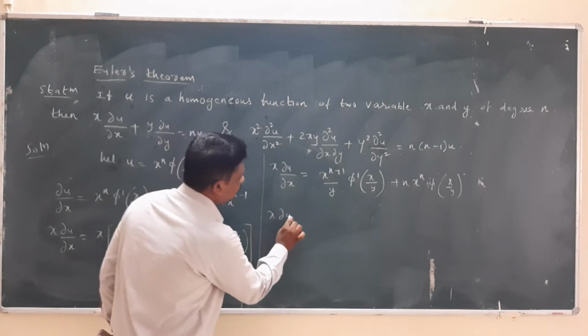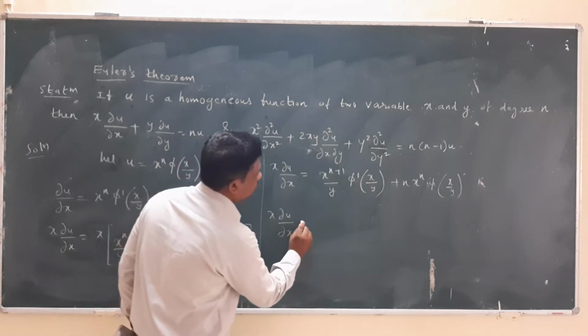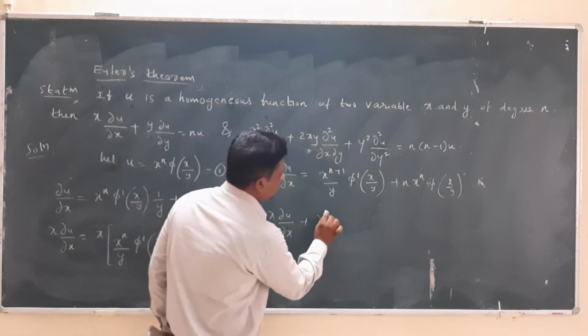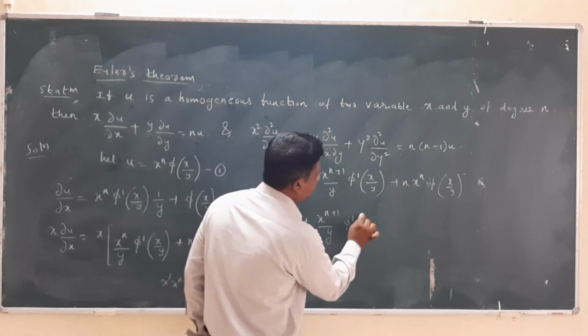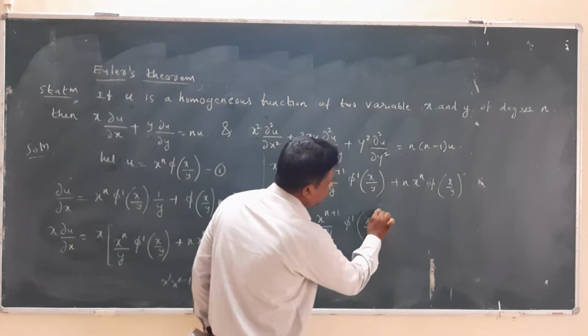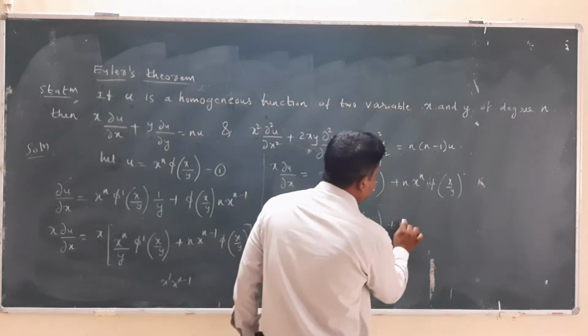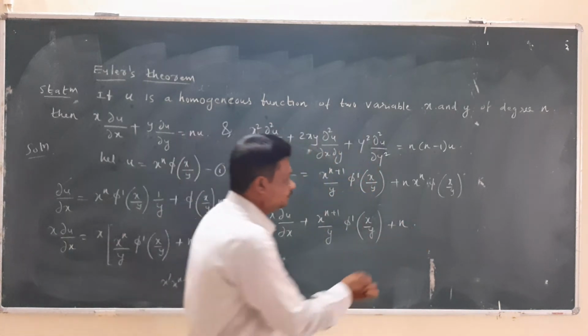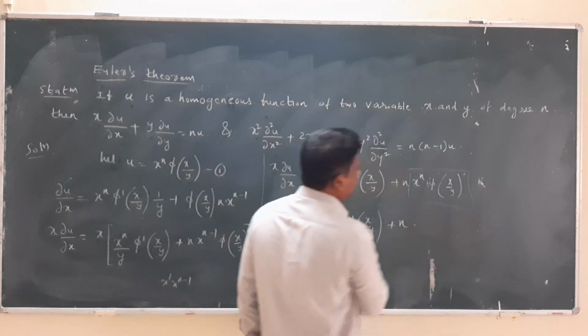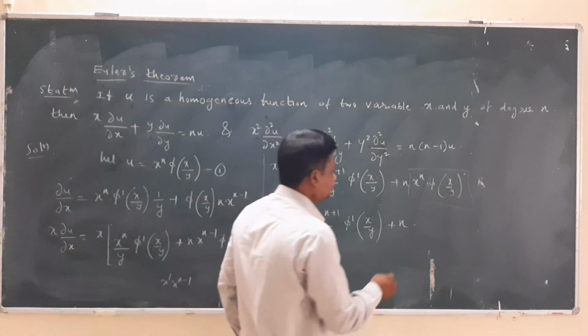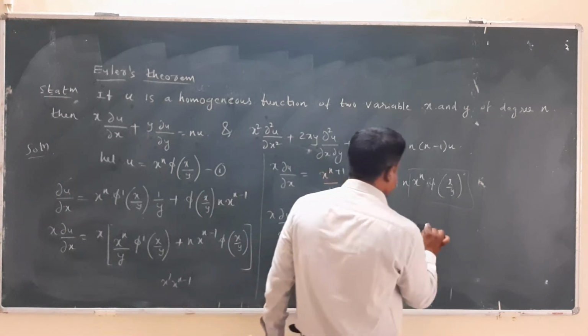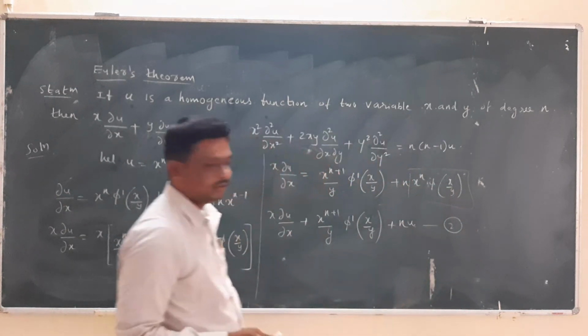So this implies x ∂u/∂x = xⁿ⁺¹/y φ'(x/y) + n xⁿ φ(x/y). From equation number 1, xⁿ φ(x/y) is nothing but u. We take this as equation number 2.